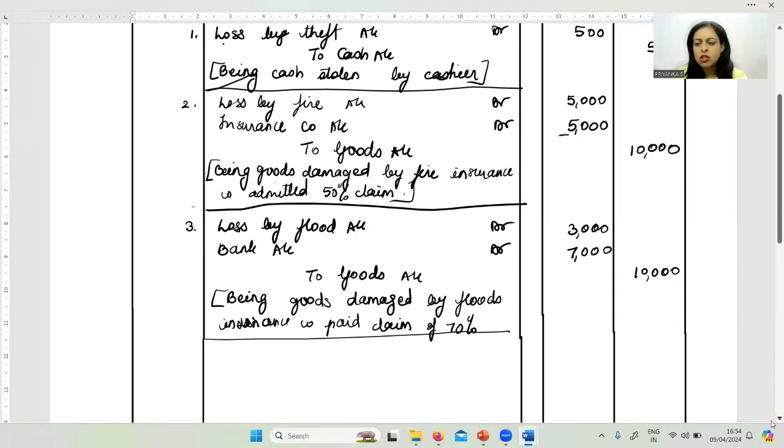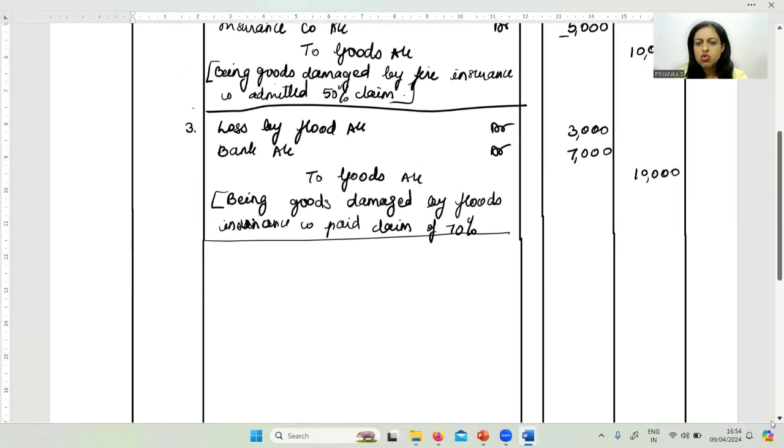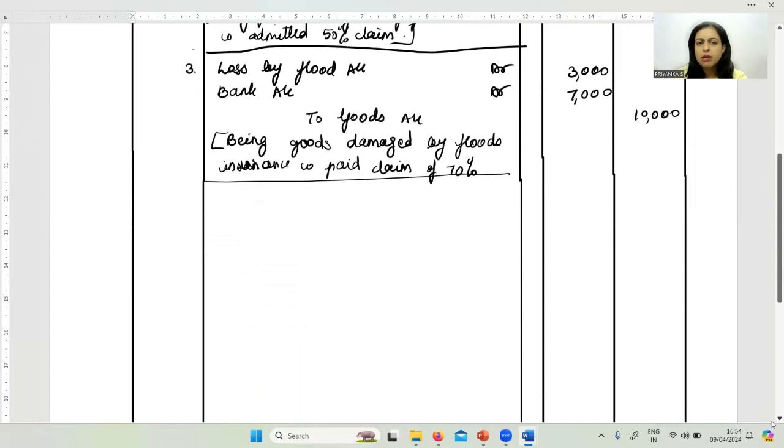So this is how the transaction will be noted in the journal. Have you understood that we have debited the losses? Bank money has been received by the bank. Bank is the receiver and goods are going out from the business. So goods are credited.